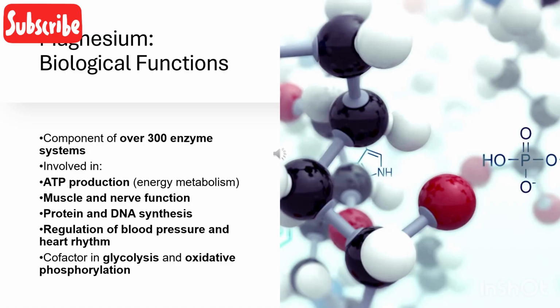Magnesium also supports muscle contraction and nerve transmission. This helps to ensure proper neuromuscular coordination, and it also aids in DNA and protein synthesis. It helps to regulate blood pressure and heart rhythm, and magnesium is a cornerstone of energy metabolism and cellular function.